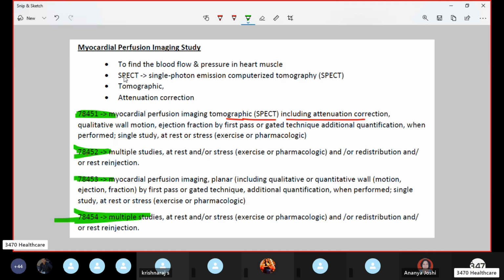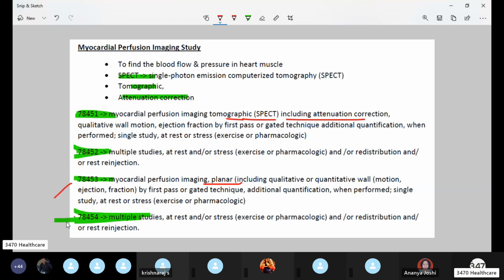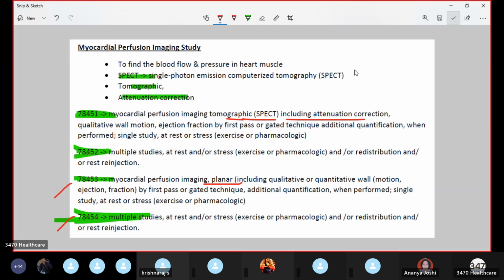If you don't have the words SPECT, tomography, attenuation correction, the default is planar. The planar codes are only 78453 and 54.